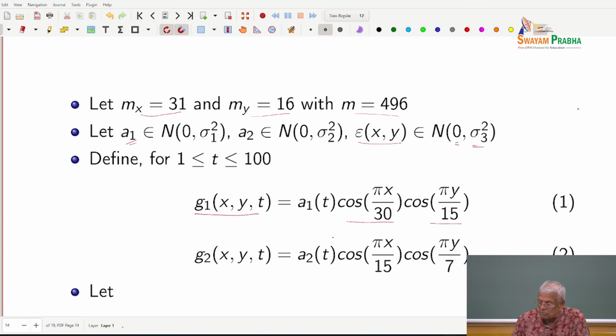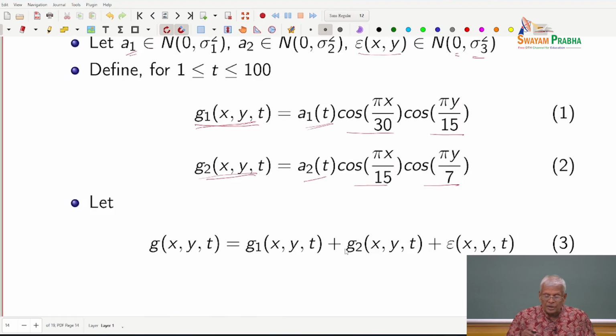The spatial variables are given by cosine pi x by 30, cosine pi y by 15. The time component is given by the amplitude, time component, spatial component, spatial component. G1 is one signal, G2 is another signal. So, this is called the spatio-temporal signal distributed in two-dimensional space and time.